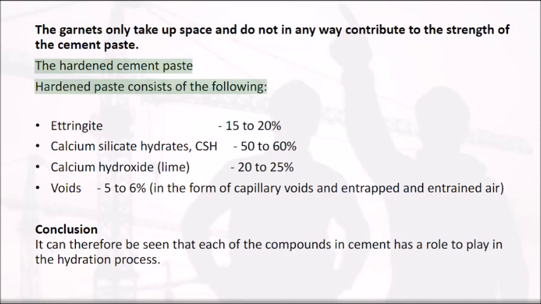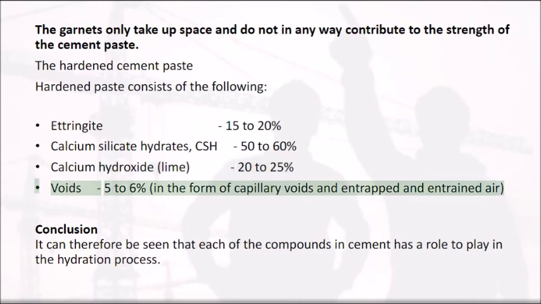The hardened cement paste. Hardened paste consists of the following: ettringite 15 to 20%, calcium silicate hydrates, CSH, 50 to 60%, calcium hydroxide, lime, 20 to 25%, voids 5 to 6%, in the form of capillary voids and entrapped and entrained air.